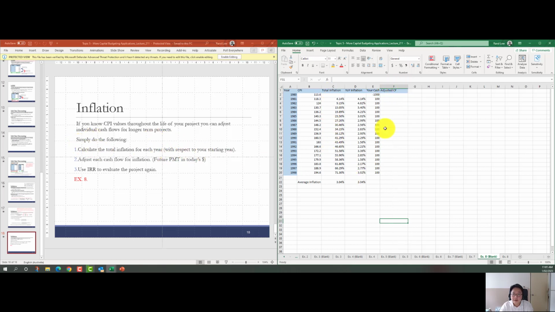Great. So now let's look at the adjusted cash flows. Okay, so adjusted cash flow is actually going to be total inflation.